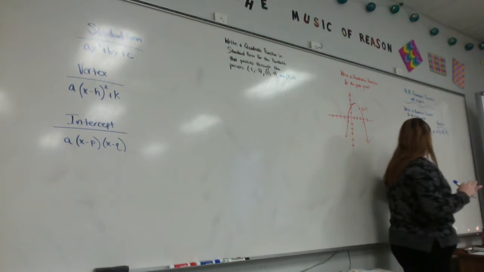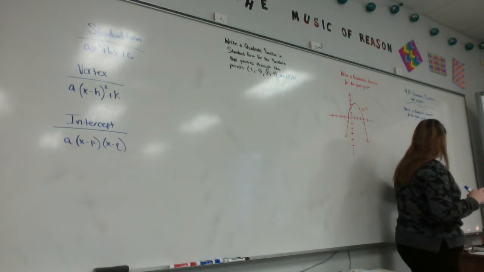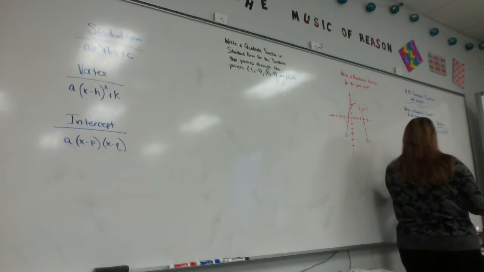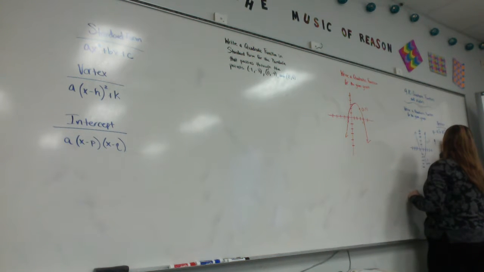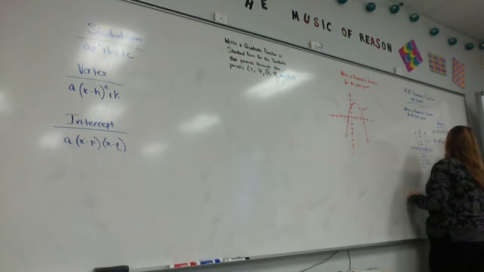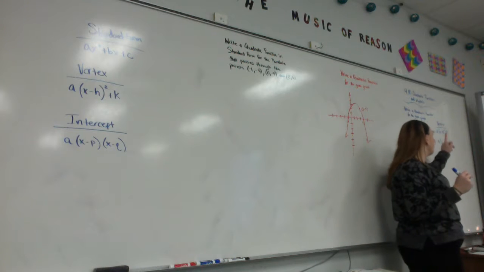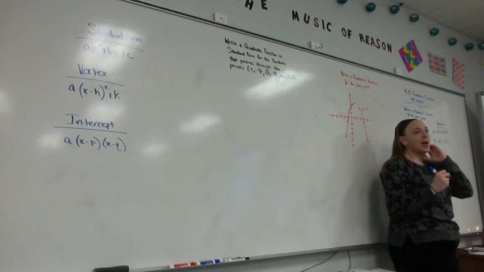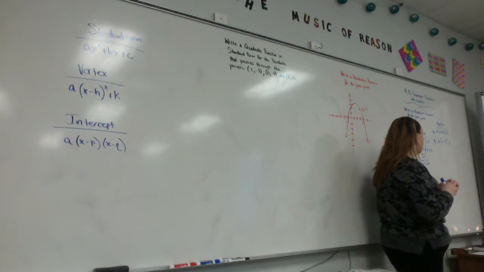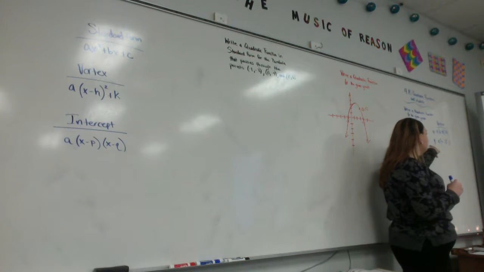X goes with the h, and then k is negative 2. So I get y equals a(x minus 1) squared minus 2, because remember, the k stays whatever it is, the h changes sign. Opposite. Good.